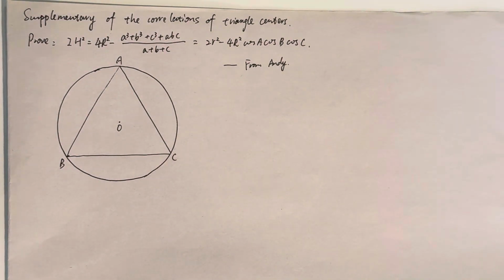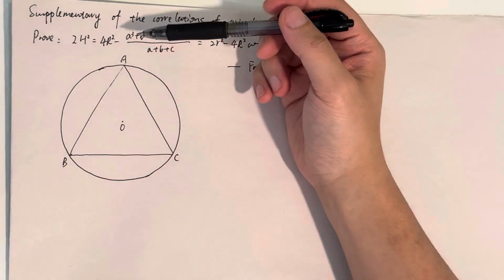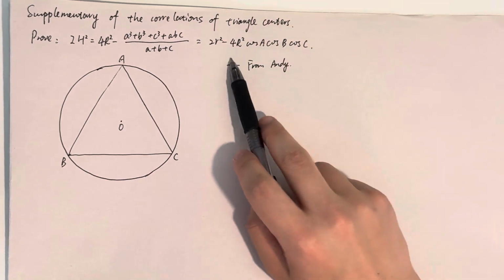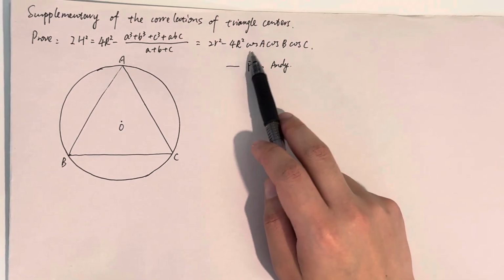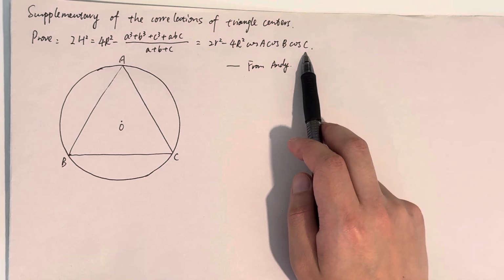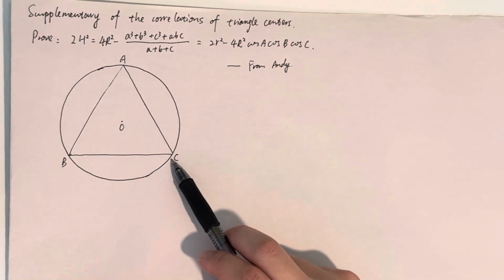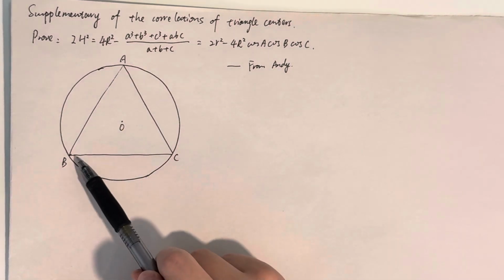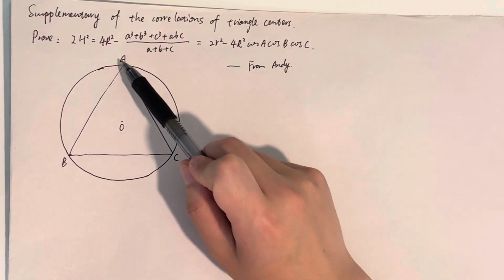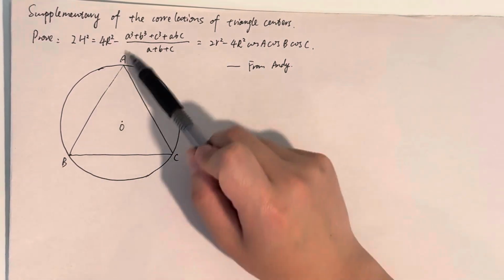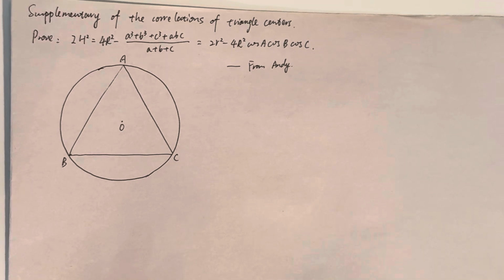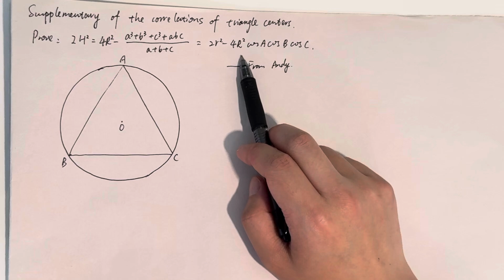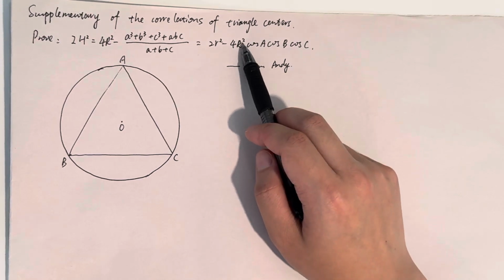Okay, so the key point here is how can we transfer this term to this term, right? If you look at here, we have 4r squared times cosine A, cosine B, cosine C. And we already know that for each edge of the triangle, we can represent it as 2r sine A, 2r sine B, and for this, AB is 2r sine C. But here we only have the power term as 2, right?